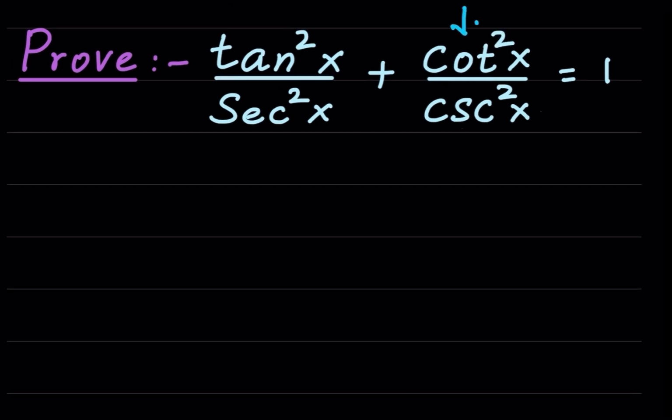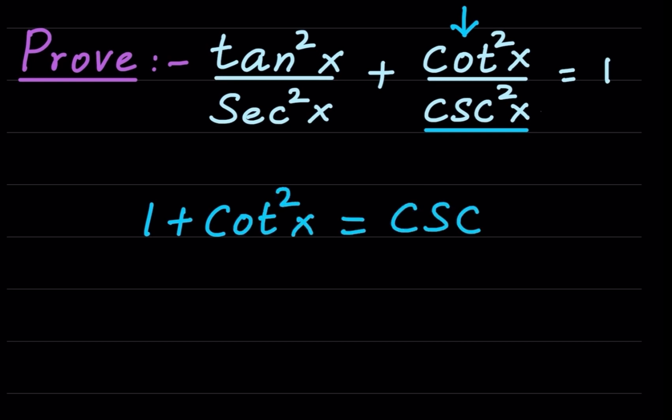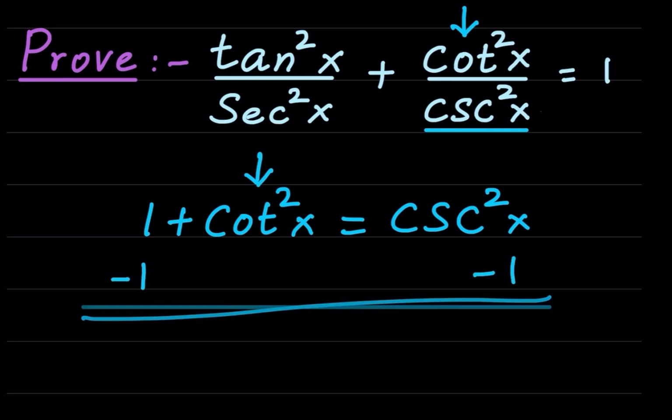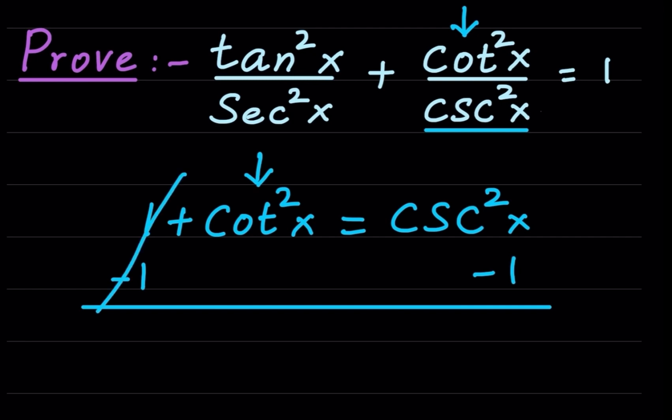Now I'm going to change cot square x in terms of cosecant square x by using the formula 1 plus cot square x is equal to cosecant square x. That's the identity formula. We want only cot square x, so I'm going to subtract 1 on both sides of the equation and this cancels out.